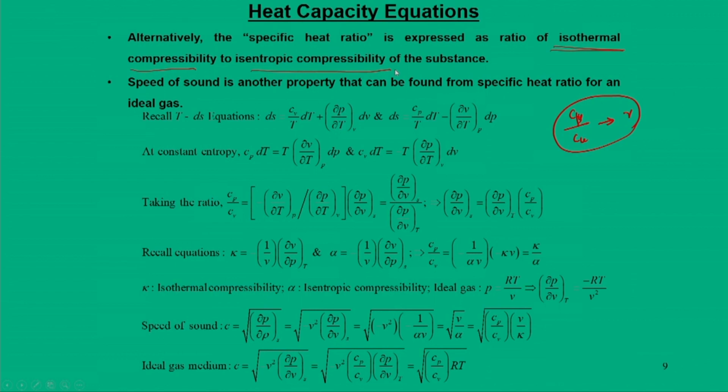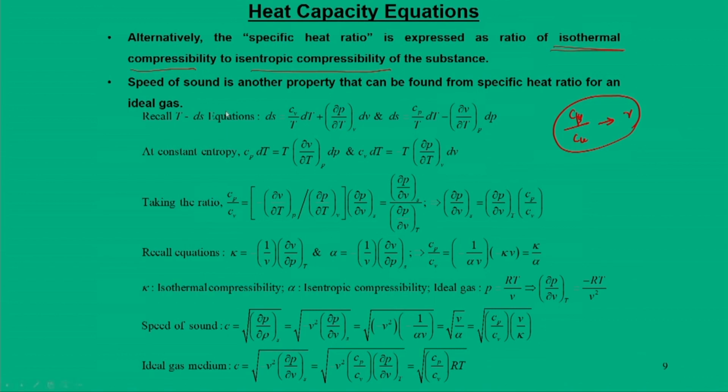Second, an important relation about this specific heat ratio is that it has a definite bearing on a property parameter known as speed of sound. In fact, speed of sound is a function of specific heat ratio for an ideal gas. We all know it. Now, let us see how we are going to get all these expressions.